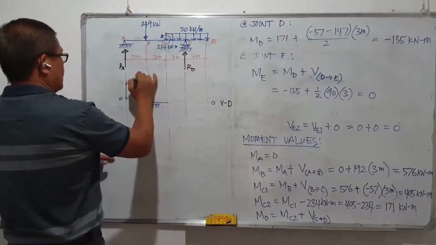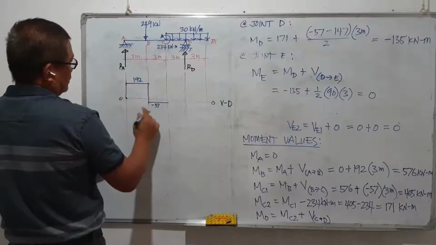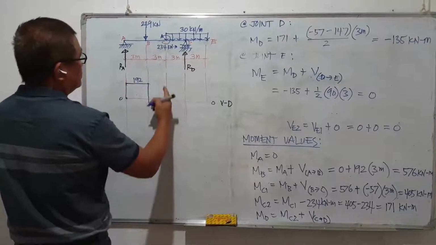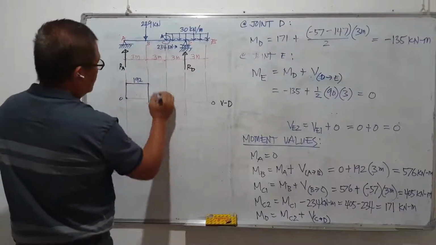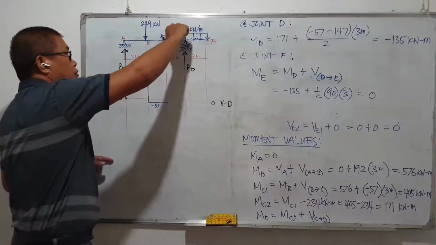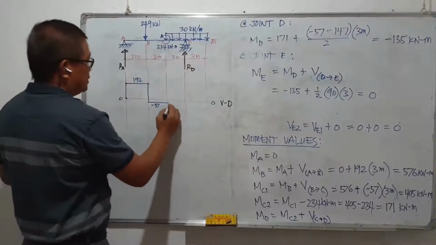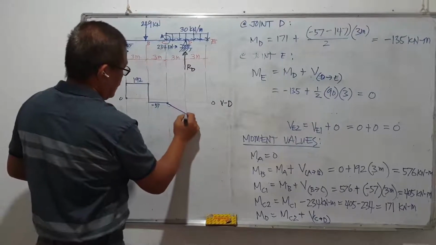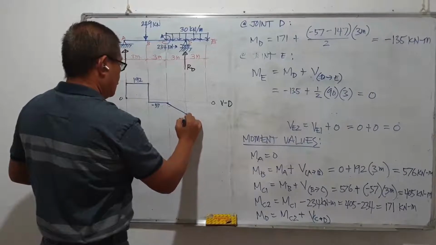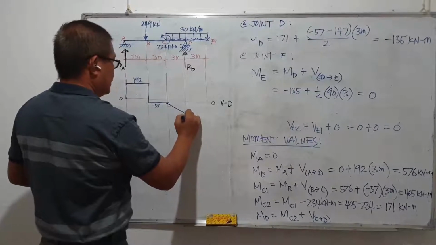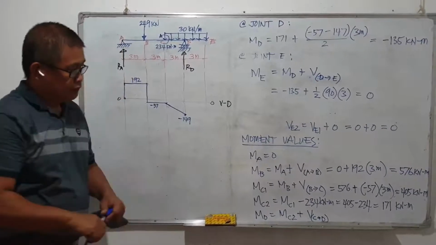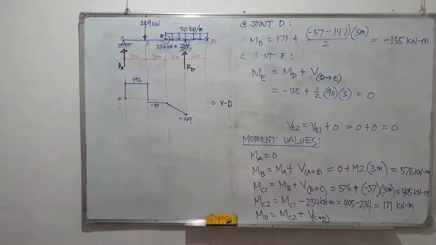This is 192. And then we have a negative shear load with a distribution of 30 times 3 meters, and it gives us negative 147, minus 147 plus R sub D, which is 237.